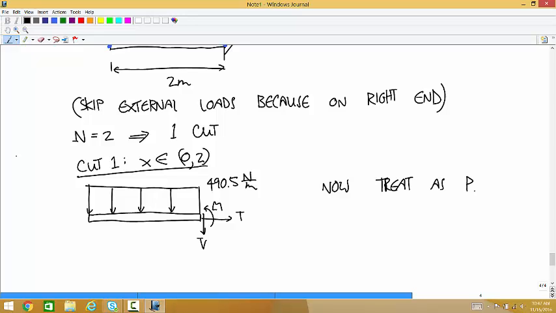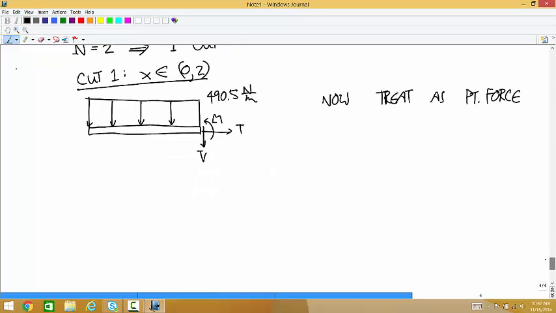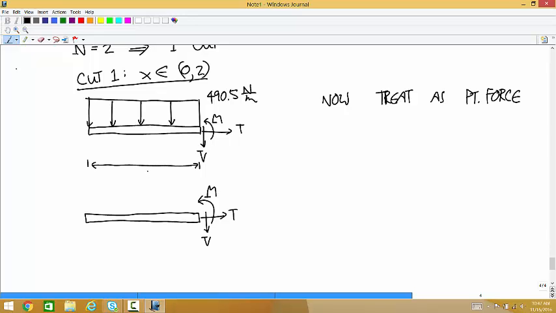We can treat that as a point force. And so I'll redraw this. The length of this piece is x.